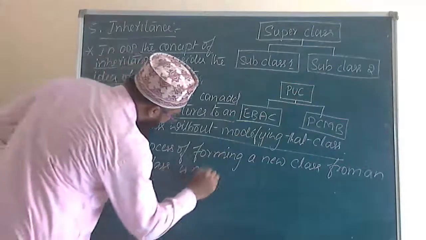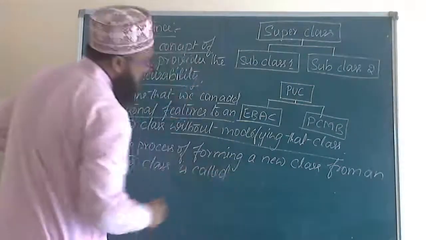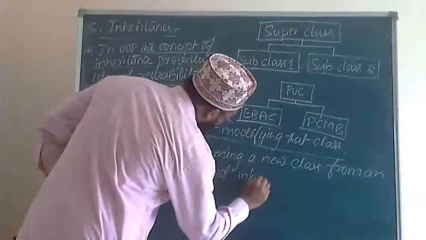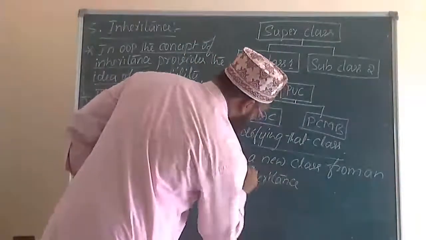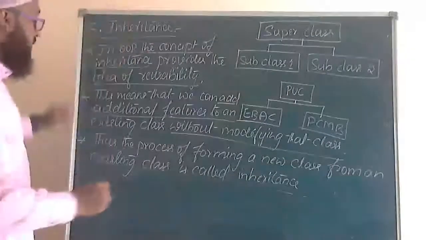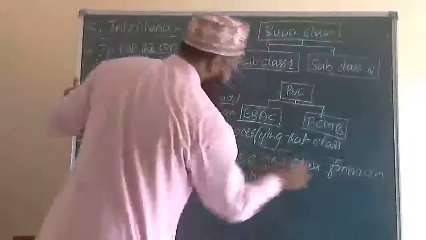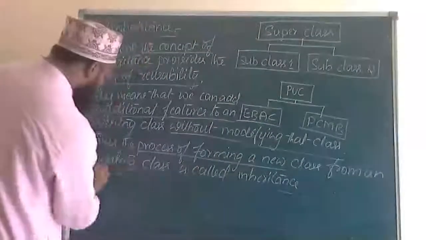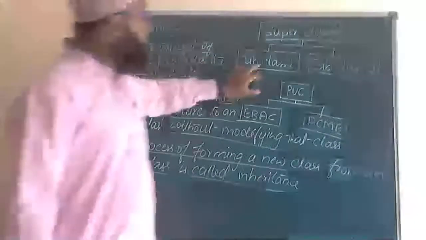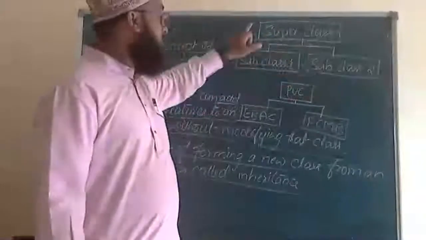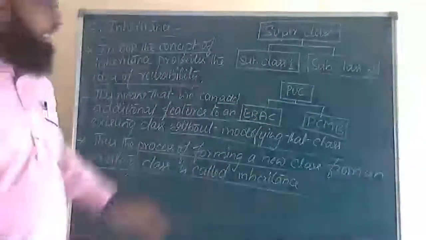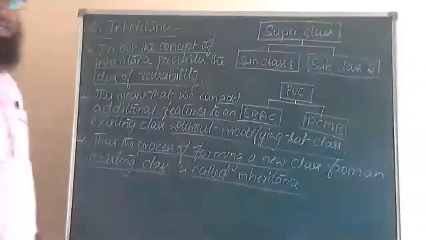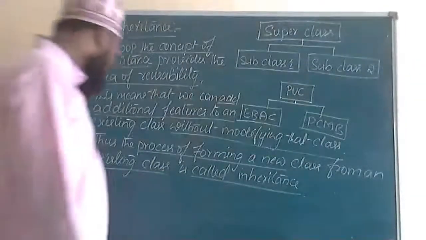The process of forming a new class from an existing class is called inheritance. Two new classes are formed from an existing class. Here, two new classes are formed from an existing class. This process is called inheritance.